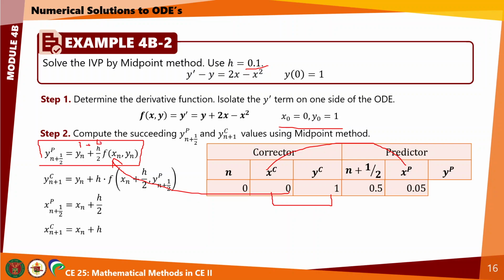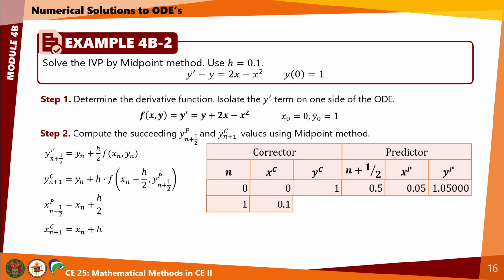You get 0.05 times ito pa rin, y plus 2x minus x squared. So that's 1 plus 0 minus 0, so 1. So you get 1.05 dapat. Okay, so tama.